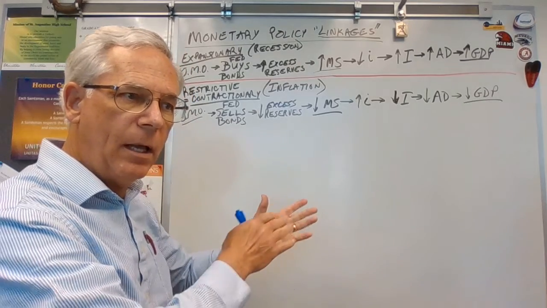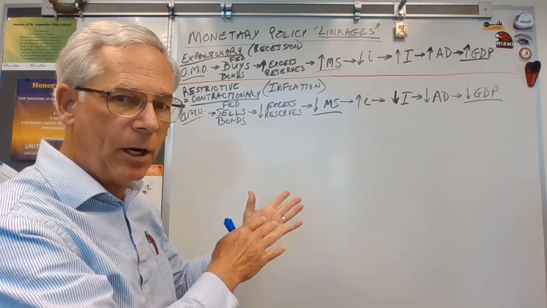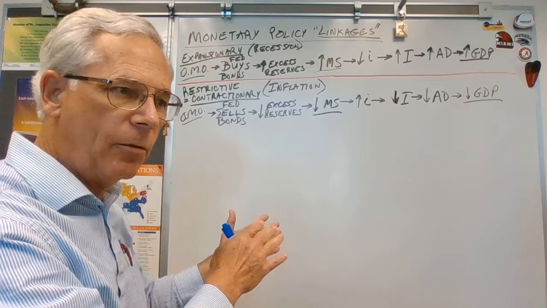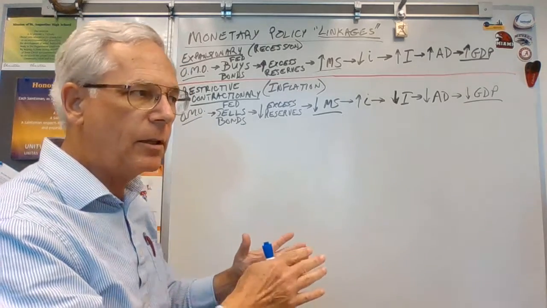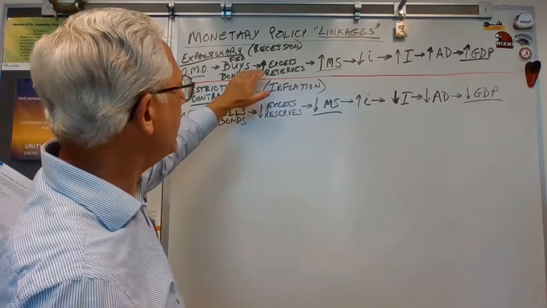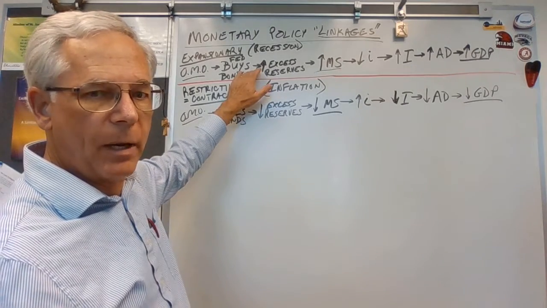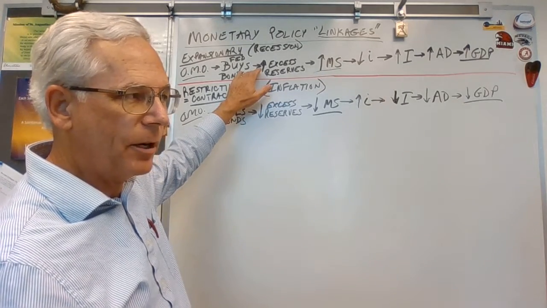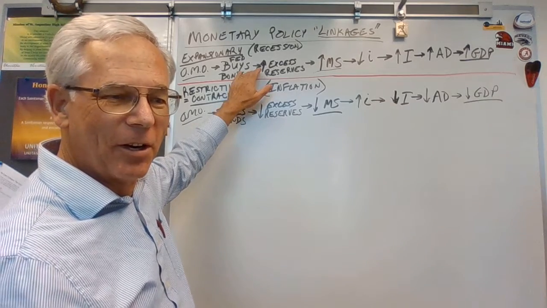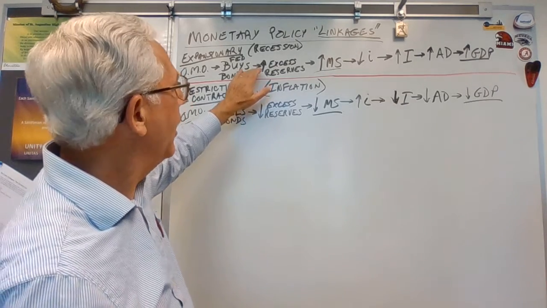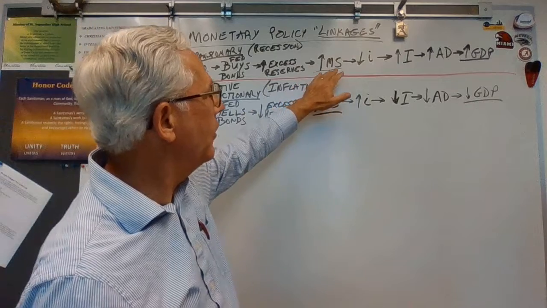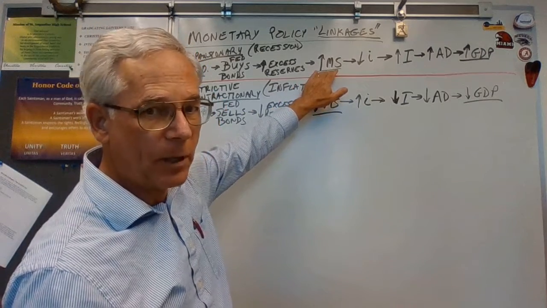The Fed would buy them by offering a very high price for them, offering $11,000, $12,000, $13,000 for a $10,000 bond. That will put money into the reserves of the banks. An increase in excess reserves means an increase in the money supply.